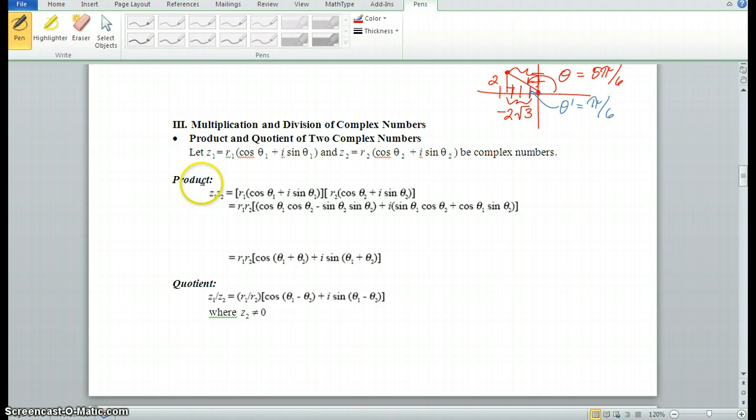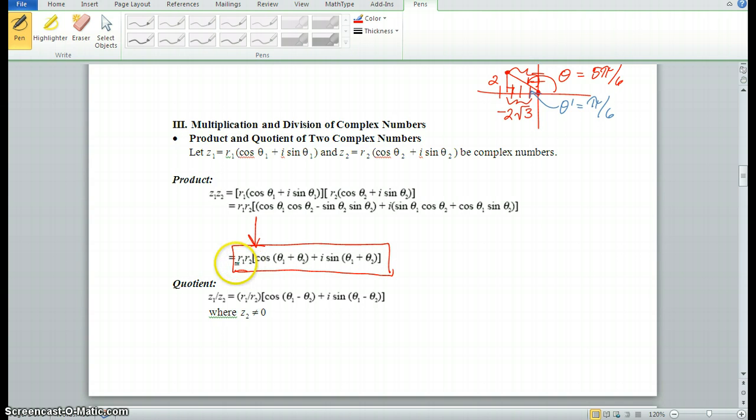So the product of two complex numbers, z sub 1 and z sub 2, in other words, this quantity, as I indicated up above, times this quantity, again from up above, factoring out an r sub 1 and r sub 2 in the next step, leads to this expression.